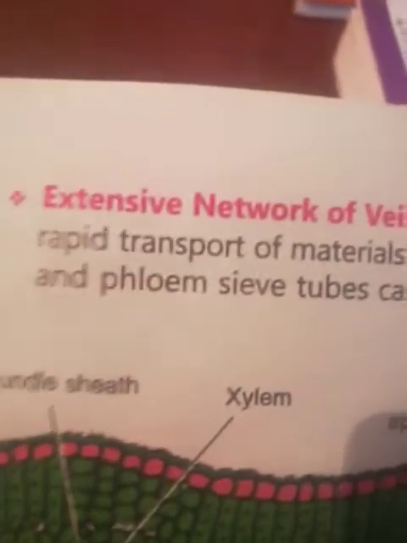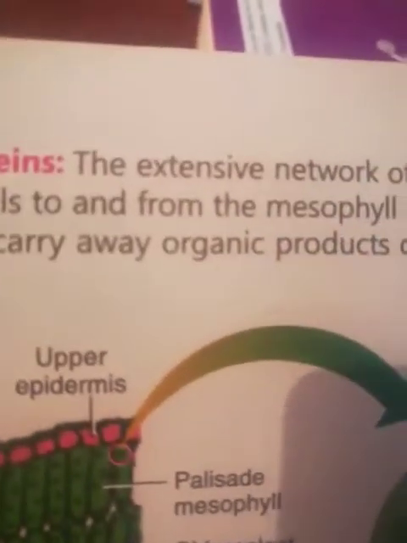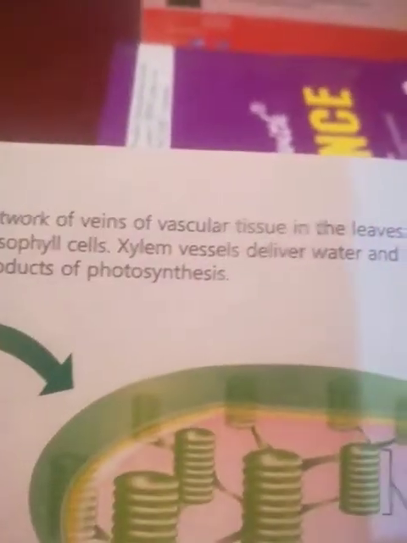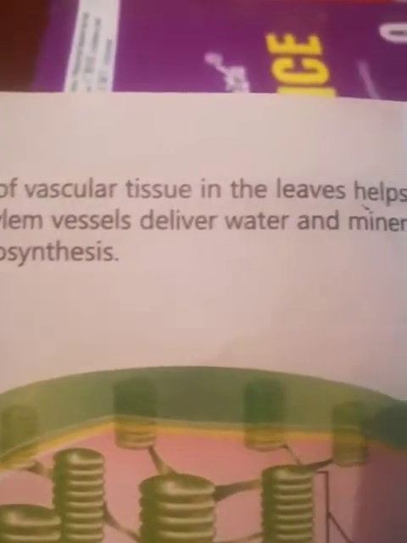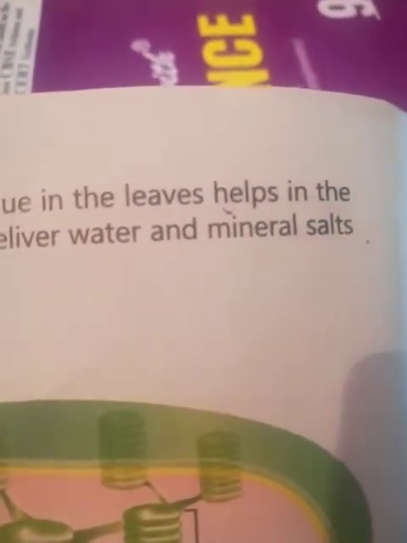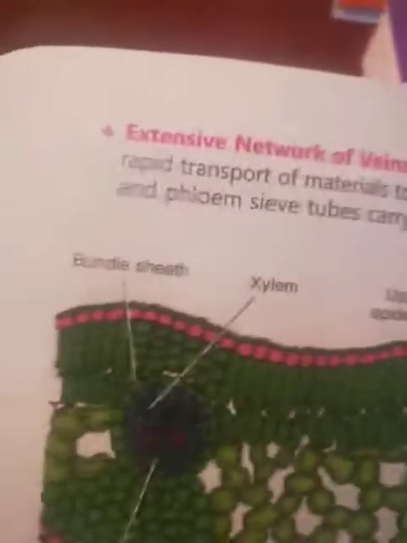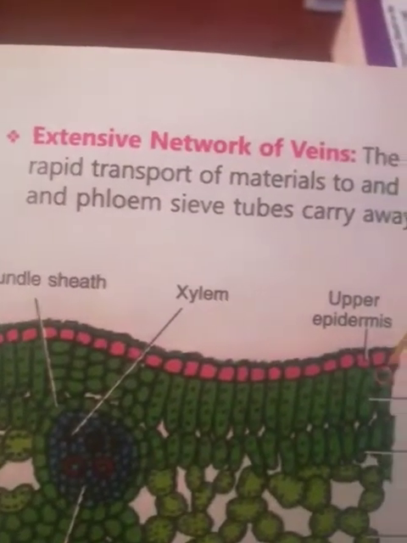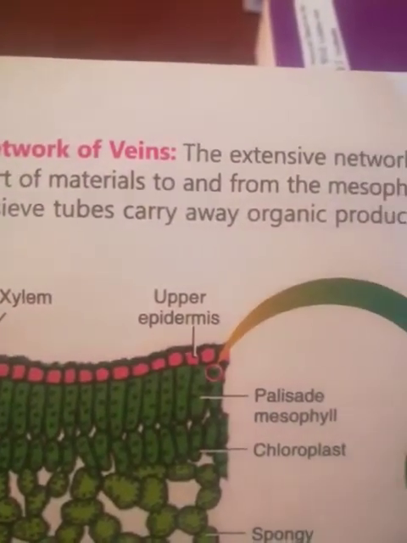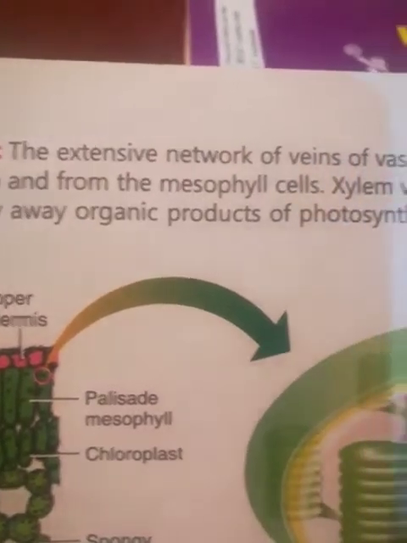Okay, let us see here. Extensive network of veins. The extensive network of veins of vascular tissue in leaves helps in the rapid transport of materials to and from the mesophyll cells.